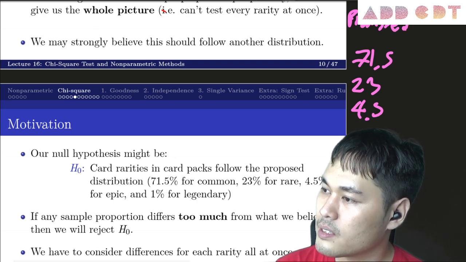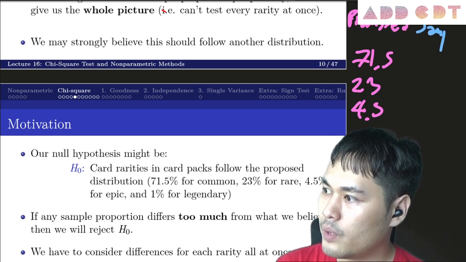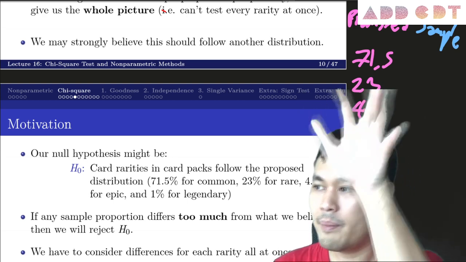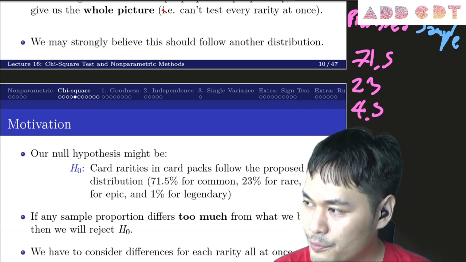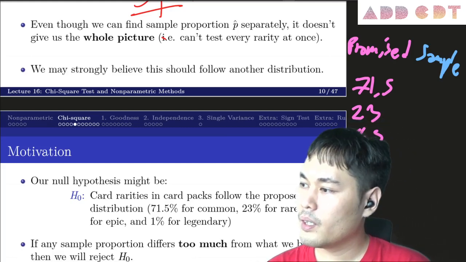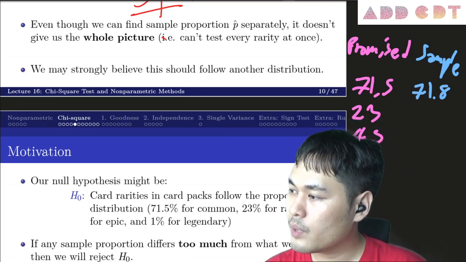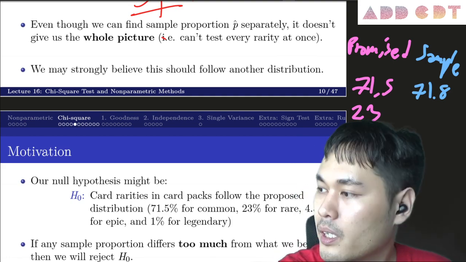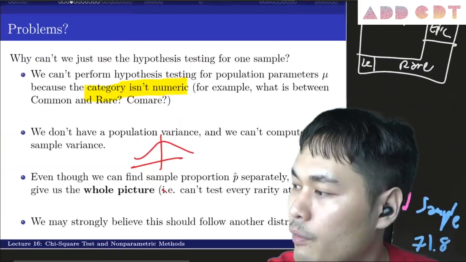They promise that, and then what we get, sorry about the logo, let me move that a little bit. Yeah, that works now. What we get here is 1.8, because that's 700 out of 1,000.